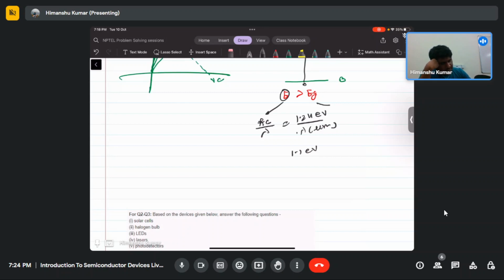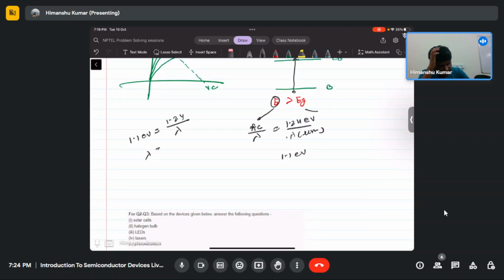Putting it in this equation, lambda in micrometer will be 1.24 electron volt divided by 1.1, so it will come to around 1.1 micrometer. That is around 1000 nanometer, which is in the near infrared band.